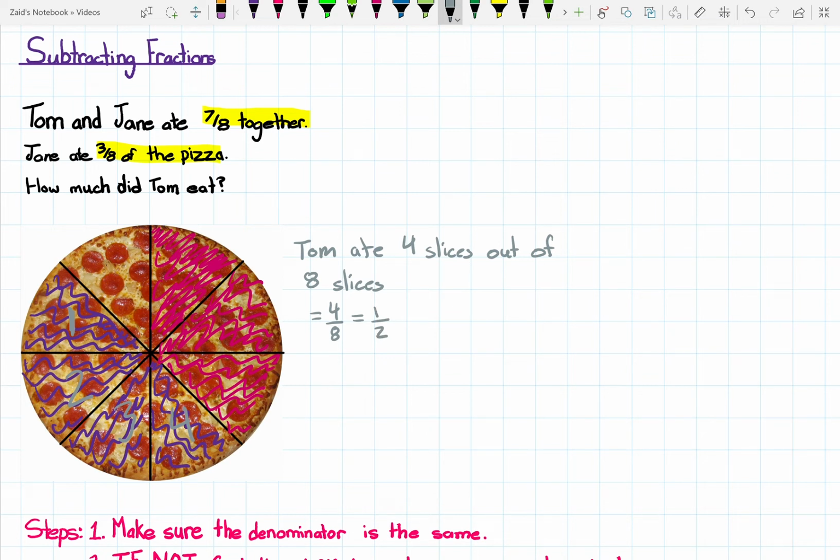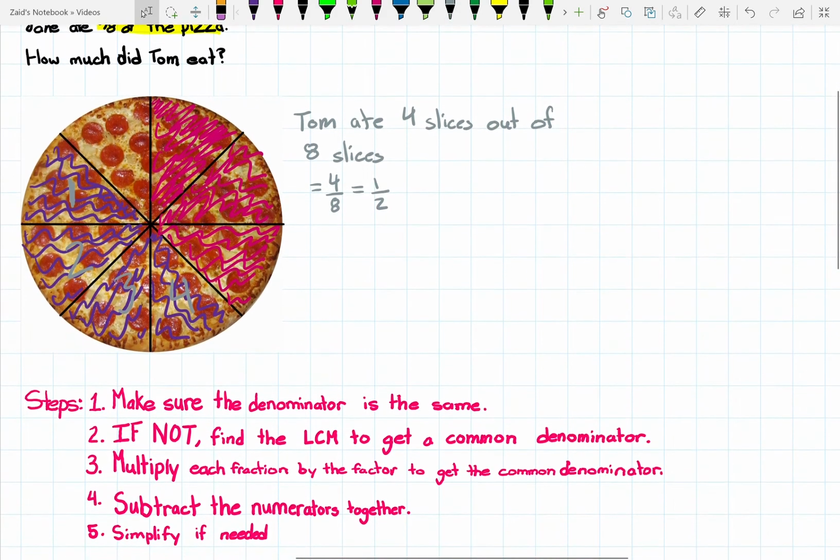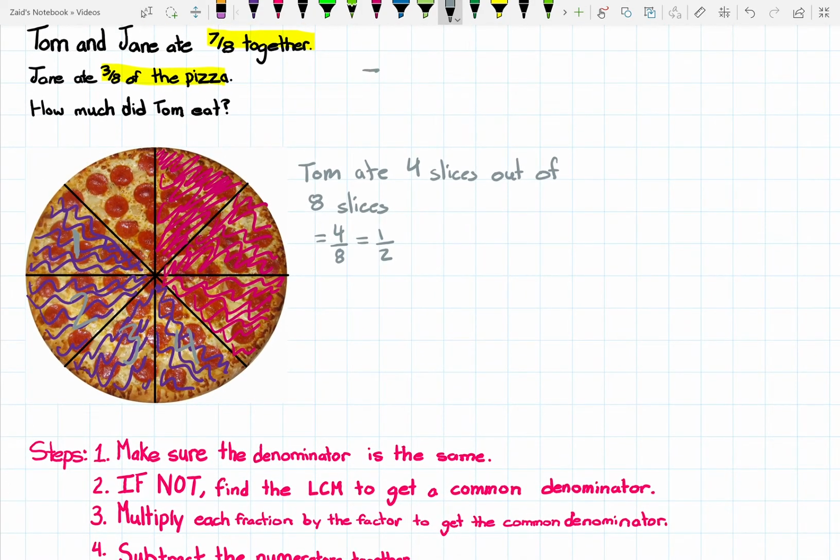So if we write that algebraically, we would look at the steps over here. So it says to make sure that the denominators are the same. So we have 7/8 that they ate together, and we have 3/8 that Jane ate, and we could see that the denominators are the same.